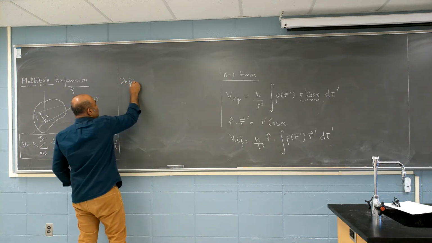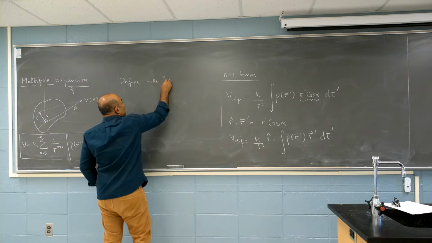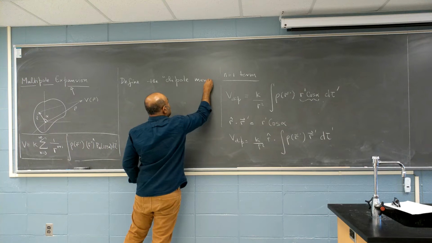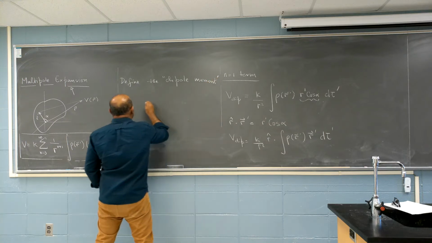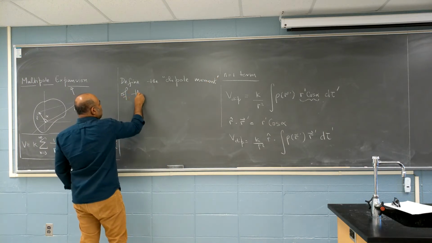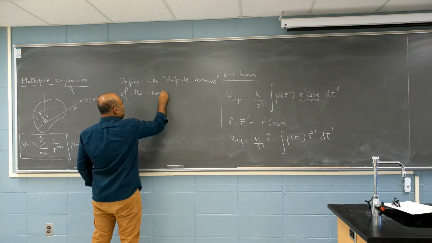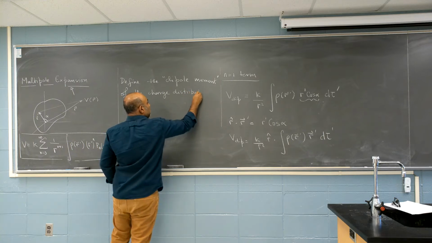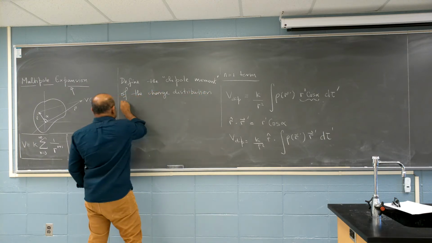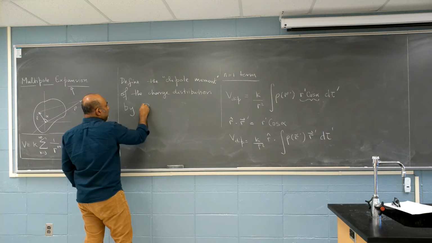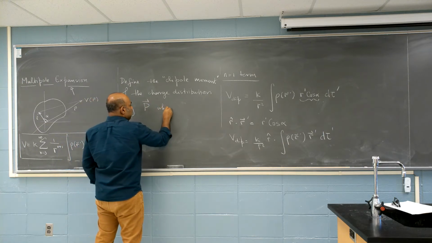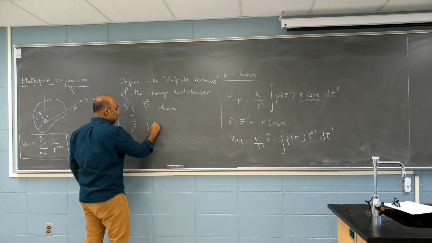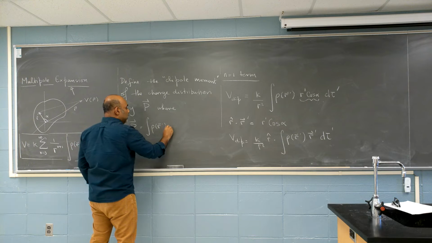Define the dipole moment of the charge distribution by the vector P, where P is exactly what I told you, the integral of r prime rho of r prime d tau prime.